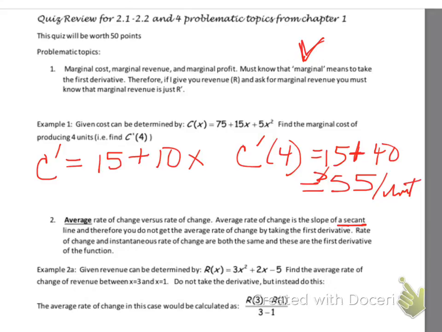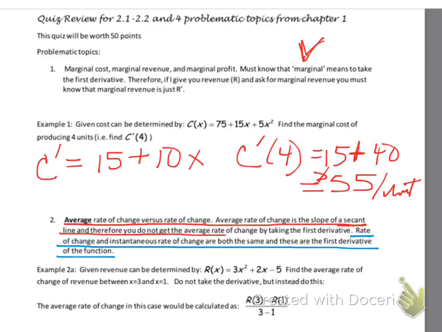Rate of change or instantaneous rate of change, they are first derivatives. Average rate of change does not take the first derivative. You only take it if I ask you for plain old rate of change or instantaneous rate of change. Let's go down and do one of those problems next.